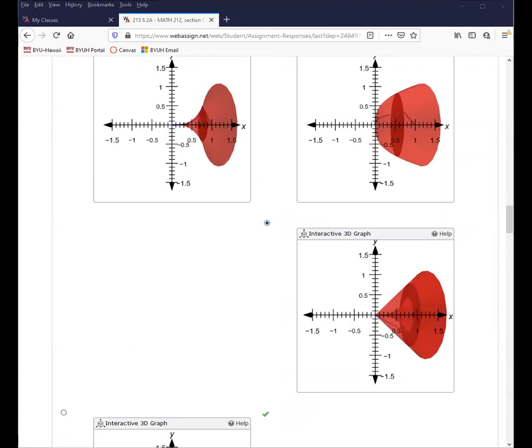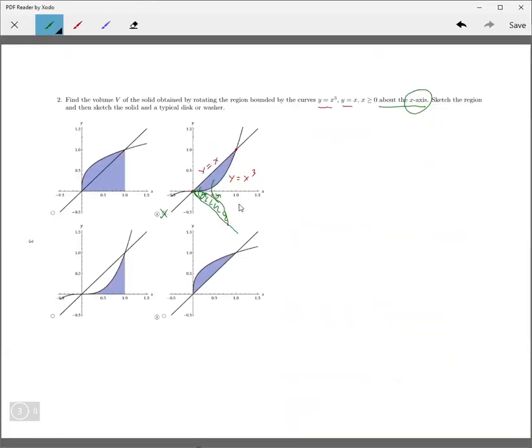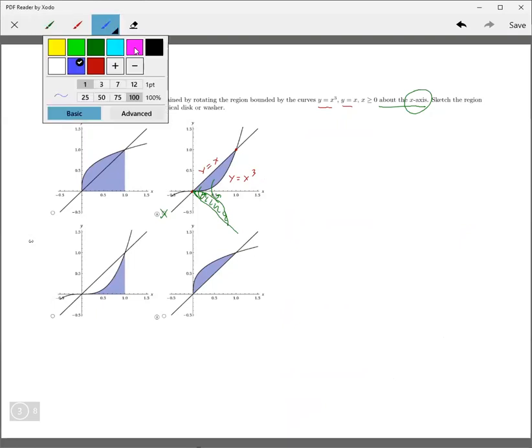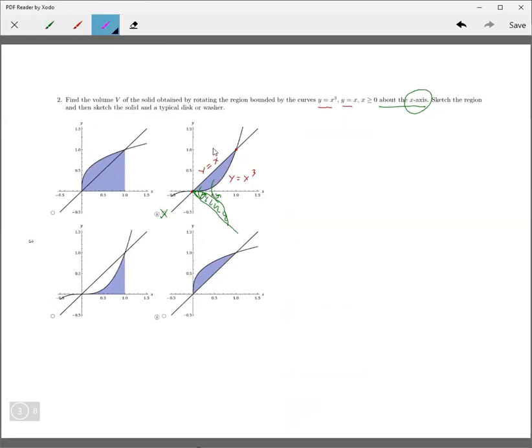Okay, so let's go back to the drawing here. So that's being revolved around like that. And if you take a cross-sectional area, it's best to cut it this way, perpendicular to where it's rotating.